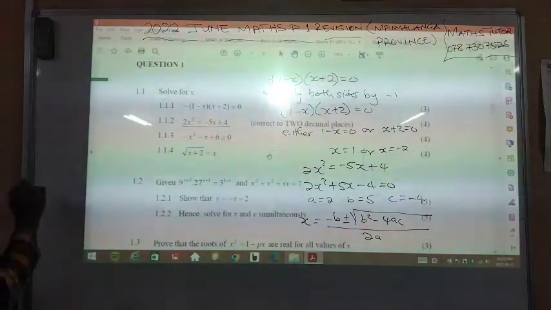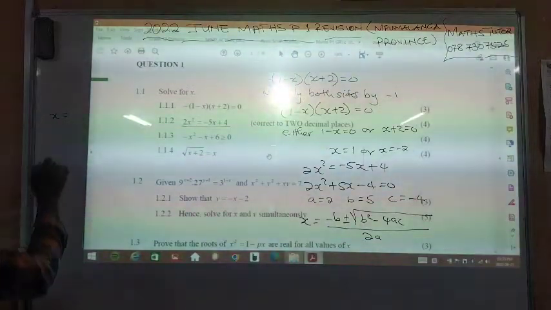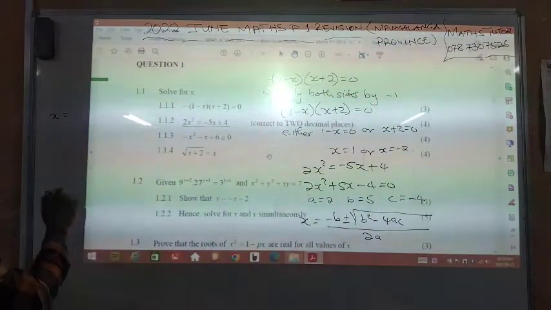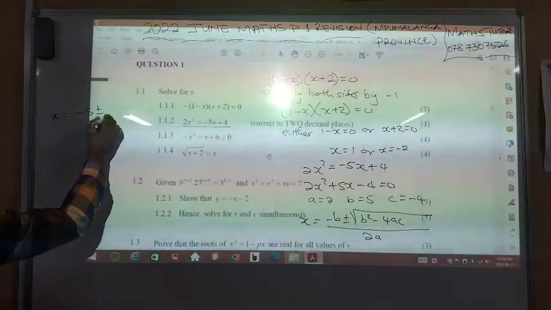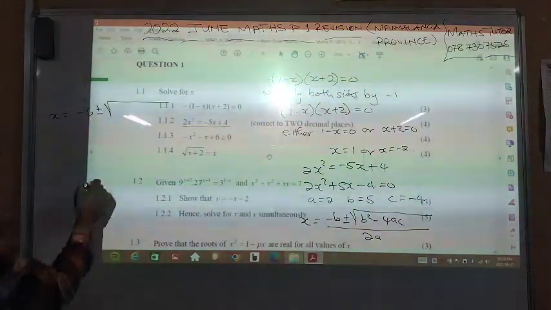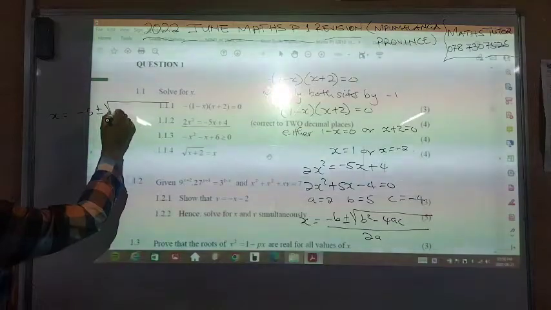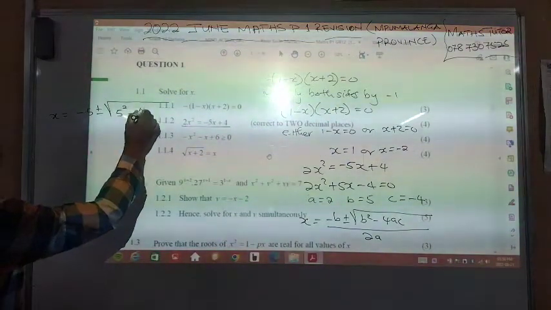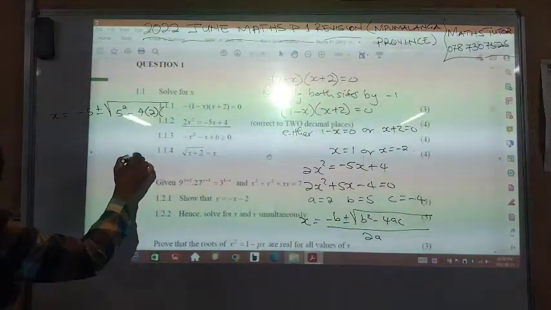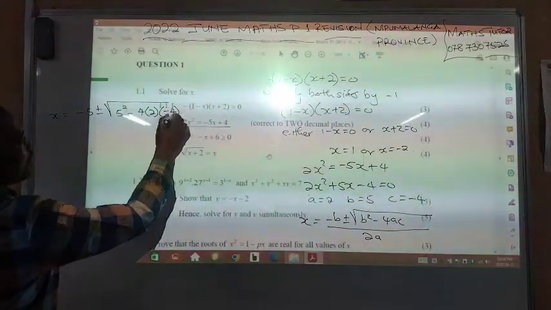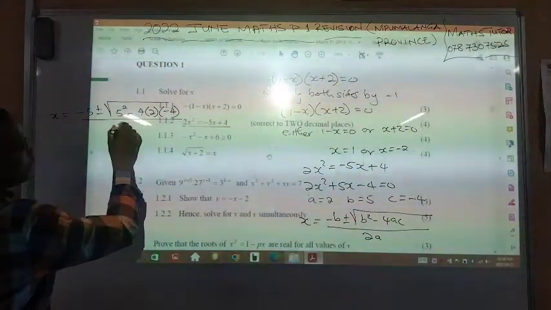Then you do your substitution. I'll use this part on the board. So we are saying x is equal to minus b, that is negative 5, plus or minus square root of b squared, 5 squared, minus 4 times a, which is 2, times c, which is negative 4, all over 2 times 2.